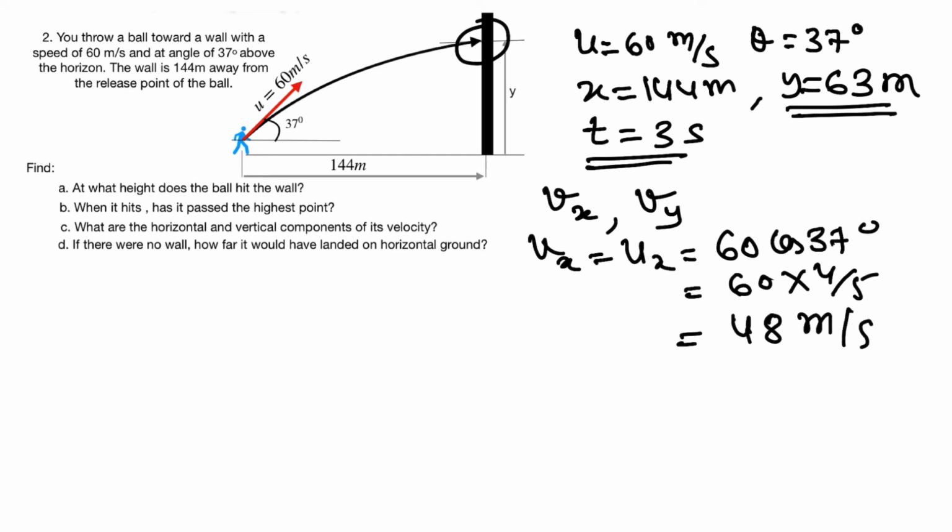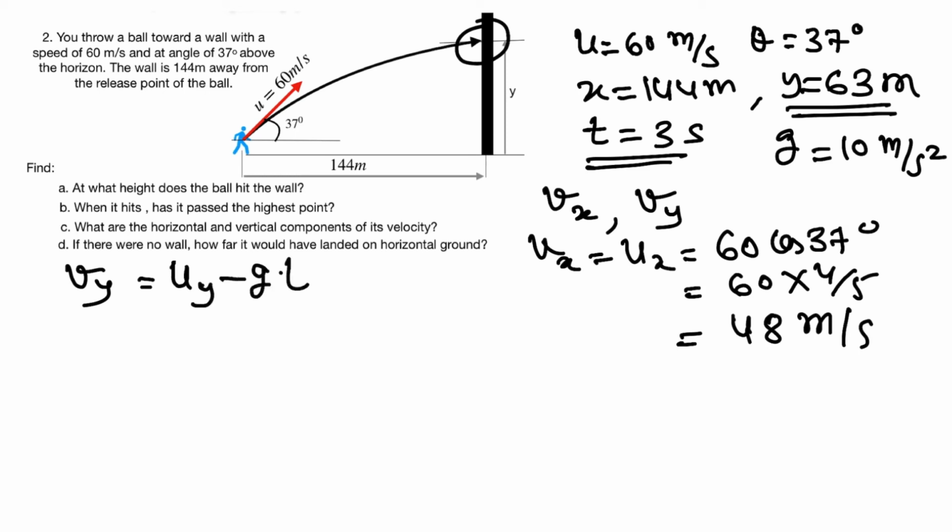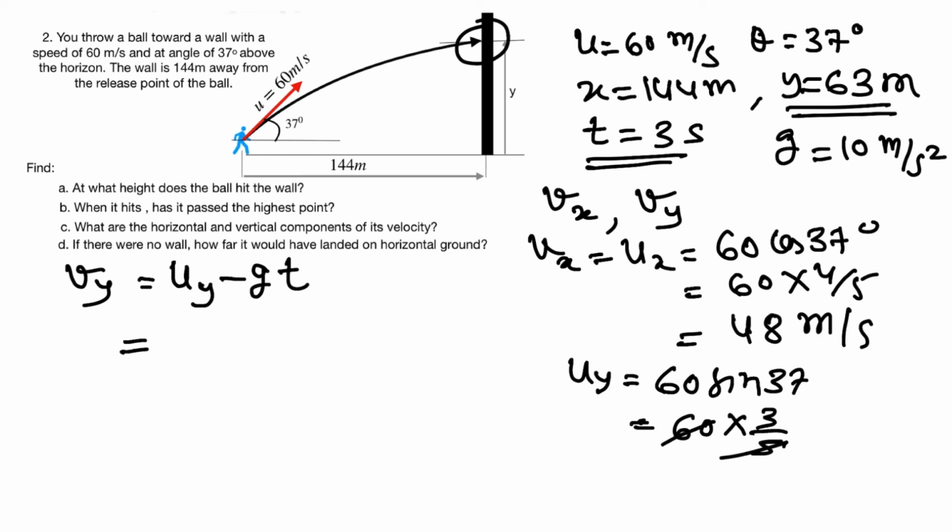Now we have to find out the velocity in the vertical direction, Vy. In vertical direction we have acceleration, which is equal to g, and here we are taking 10 meter per second square, in the downward direction. Using the equation of motion for constant acceleration, Vy is equal to uy minus gt. t is 3 seconds, and uy is 60 sine 37, which is 60 into 3 by 5, equal to 36 meter per second.